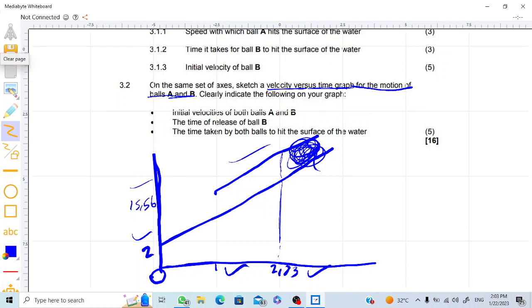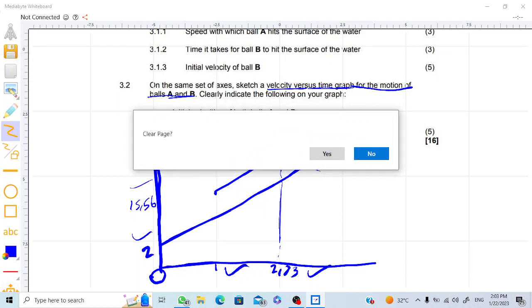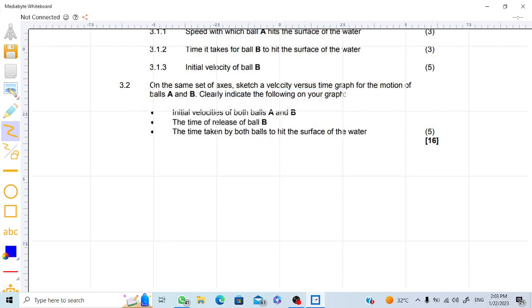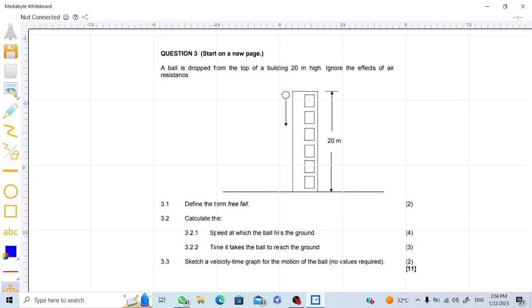Okay, now let's solve another question. Take a few seconds to read through the scenario here, solve the problem, then unpause so that we can solve it together. Now, a ball is dropped from the top of a building 20 meters high. Ignore the effect of air resistance.